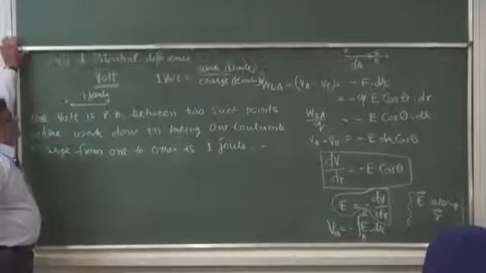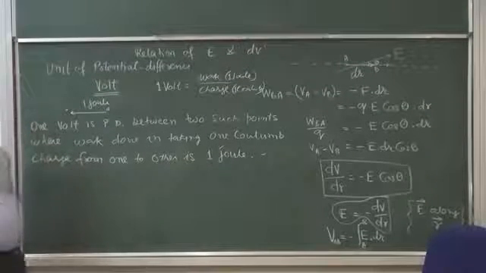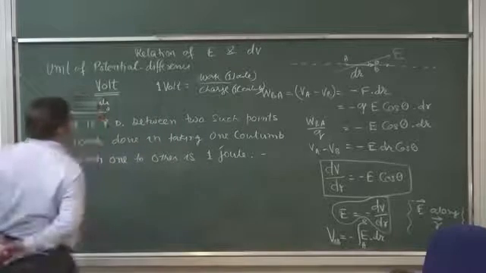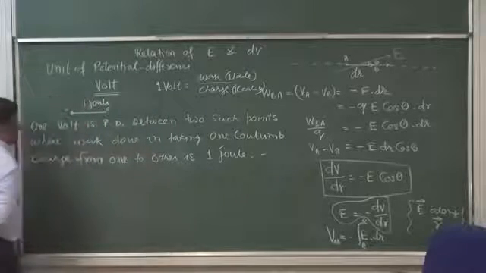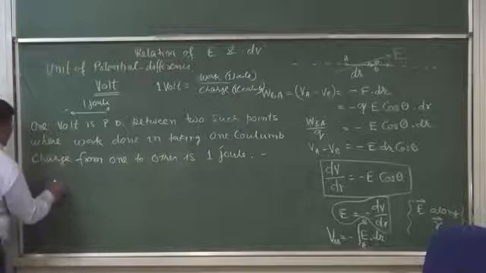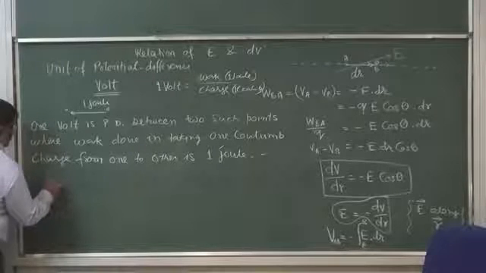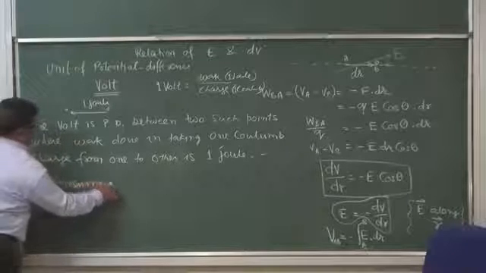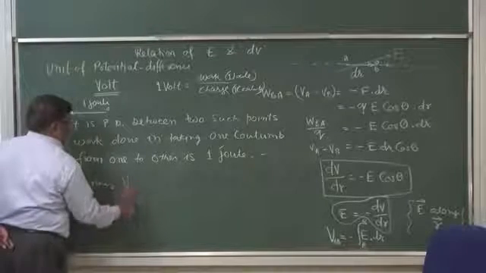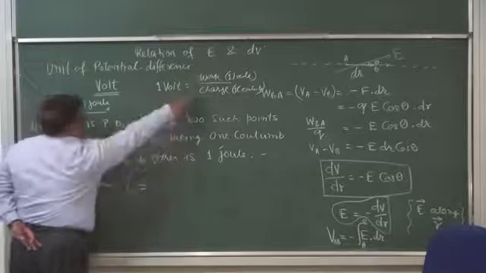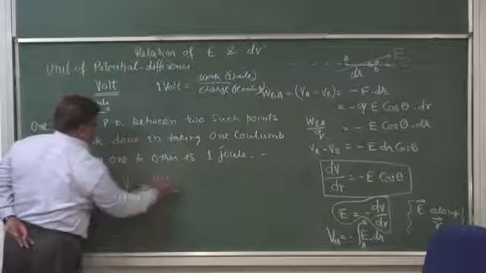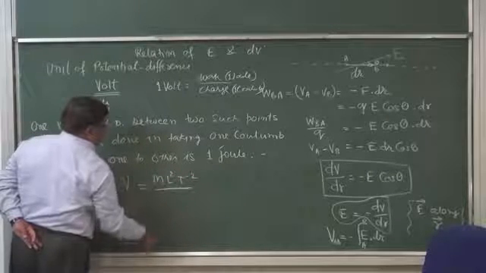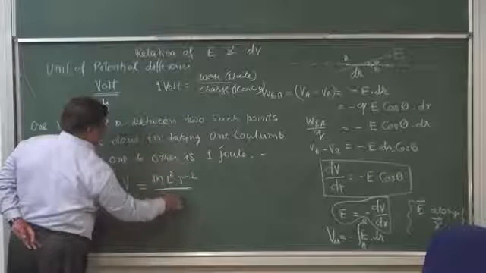This is 1 volt. Now, can you tell me the dimensions of it? Find the dimensions of potential difference or volt. Work upon charge. Charge is current into time.